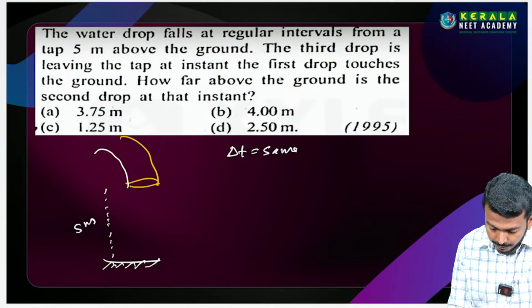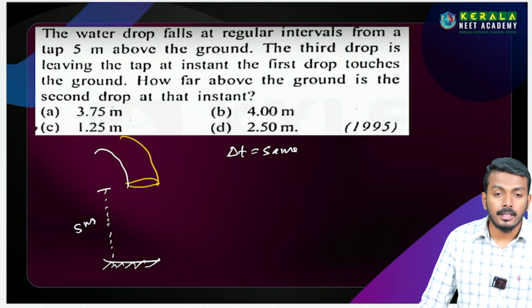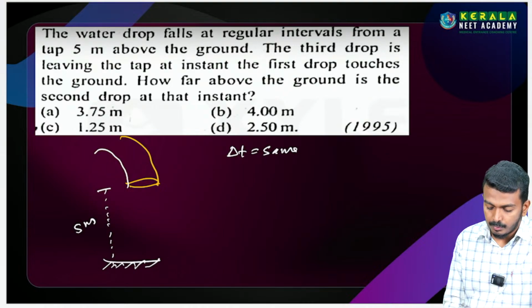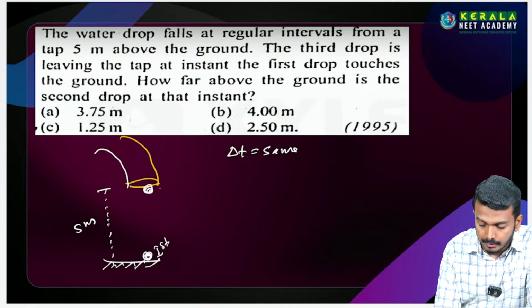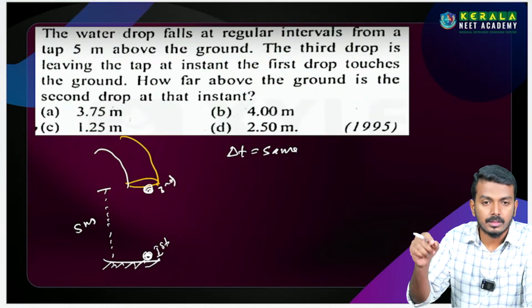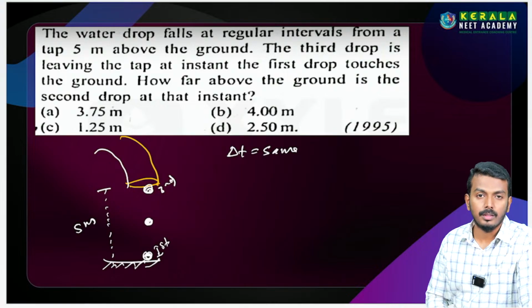No doubt at all, it is at 5 meter height. The third drop is leaving the tap at the instant the first drop touches the ground. So when the first drop touches, the third drop is just starting to leave. Then automatically where will the second drop be? In the middle, no doubt at all.